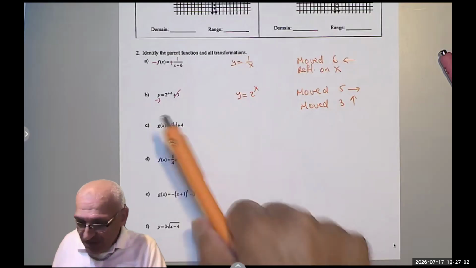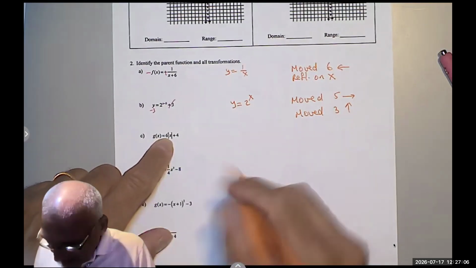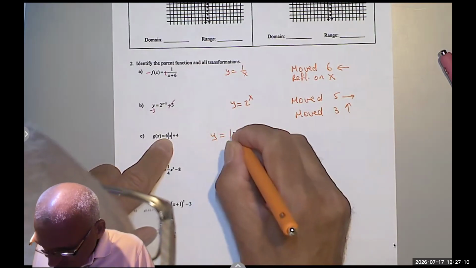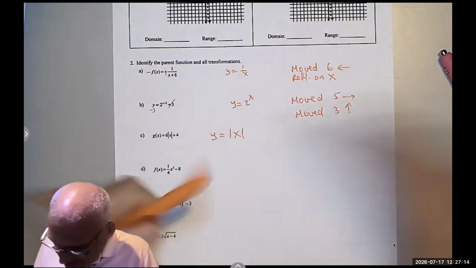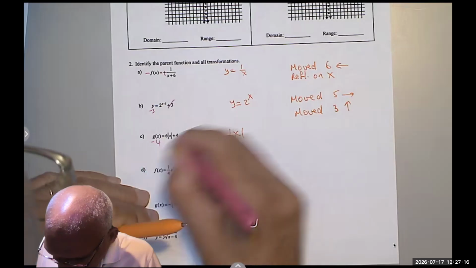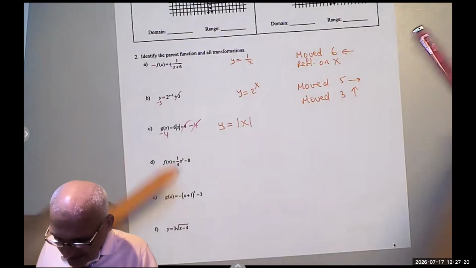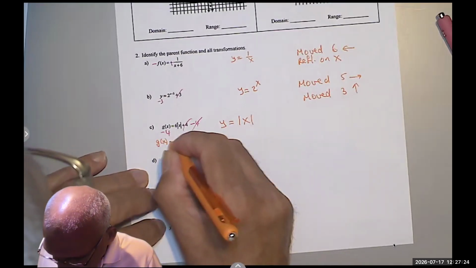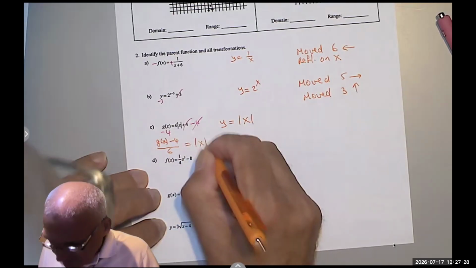Now let's go to this one and let's even plot it. The parent function is y equals absolute value of x, the v shape again. I'm going to subtract 4 from both sides. And then I'm going to divide both sides by 6. So I get g of x minus 4 over 6 equals absolute value of x.